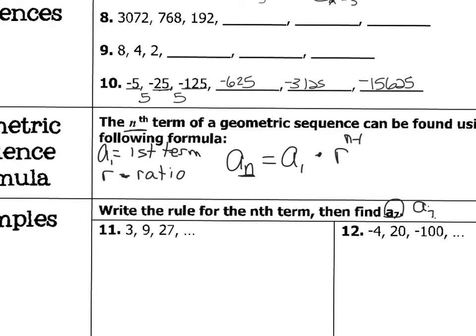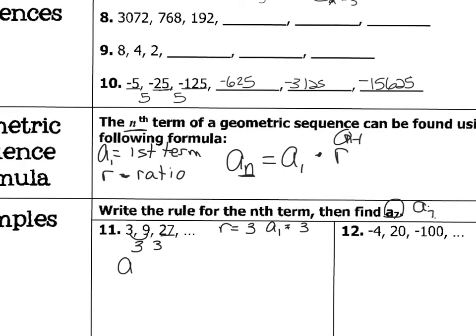You're going to replace n with 7 in here and here. So let's find out first what our common ratio is. 9 divided by 3 is 3. 27 divided by 9 is 3. So our r is going to be 3, and our a sub 1 is your first term, which is also 3.